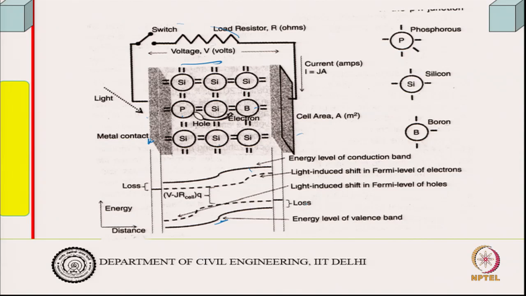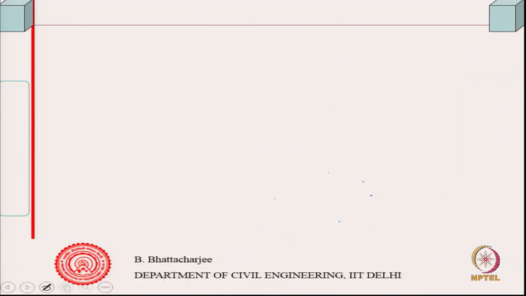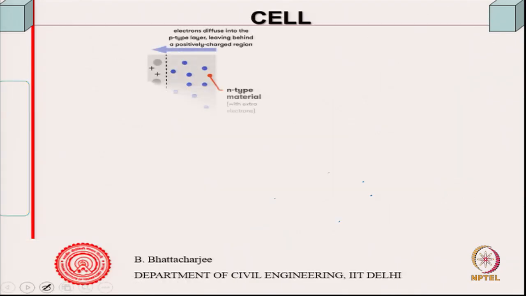Now, there will be losses in the system, of course, and that has to be taken care of. So, I would be written as some flux multiplied by A, in this case, okay, we will see what it is. Current in amperes is given by J A, we will define all this. Cell area is A, and we will look into the algebra part of it.